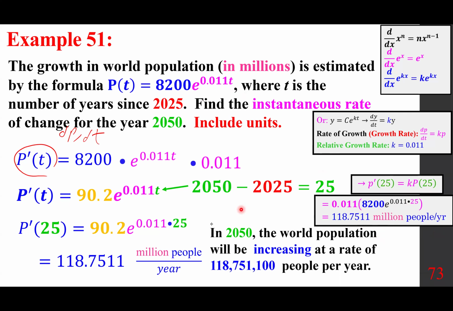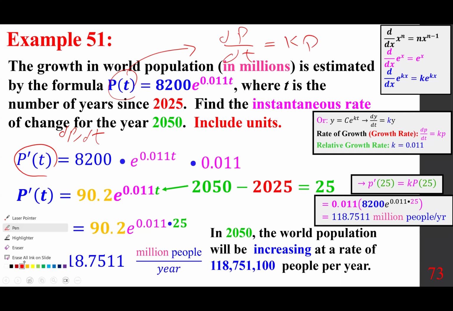So this is another way of writing it, as we were discussing the concept of exponential growth: dy/dt is ky, or dP/dt is kP. Okay. All right.